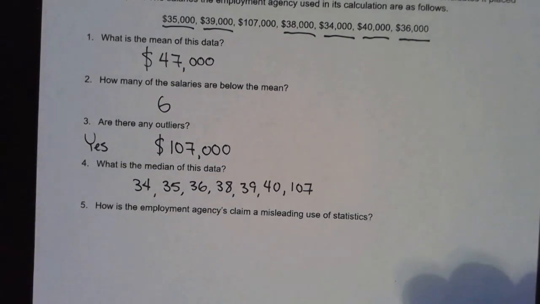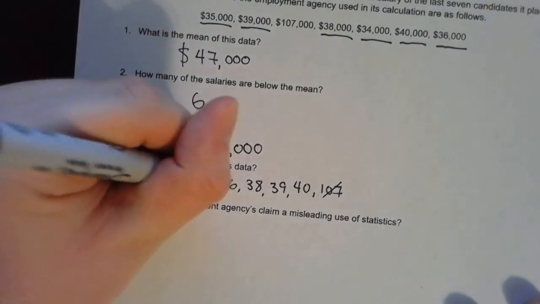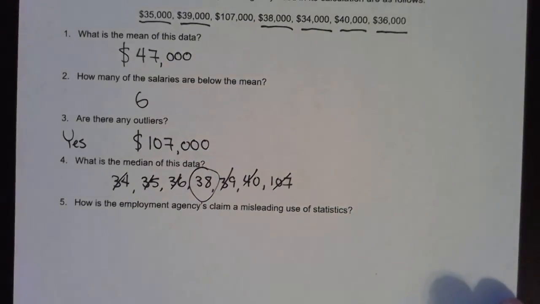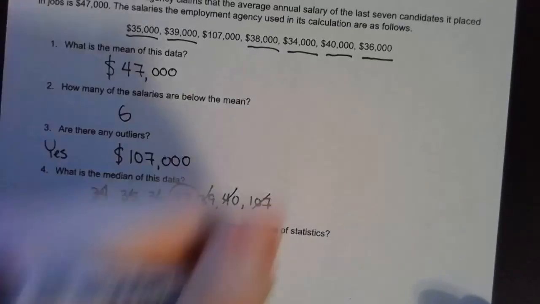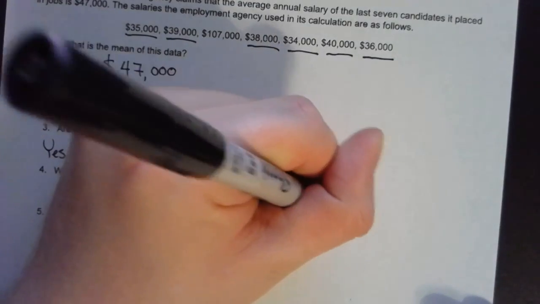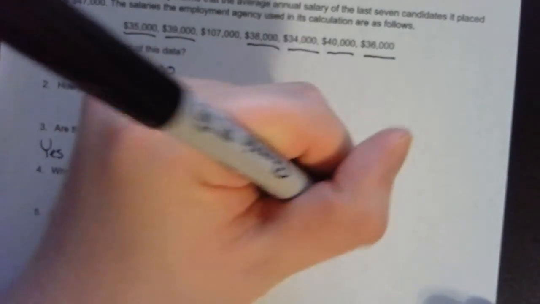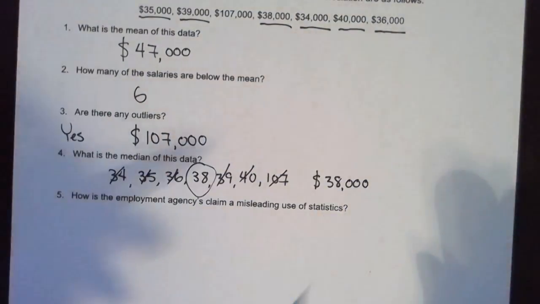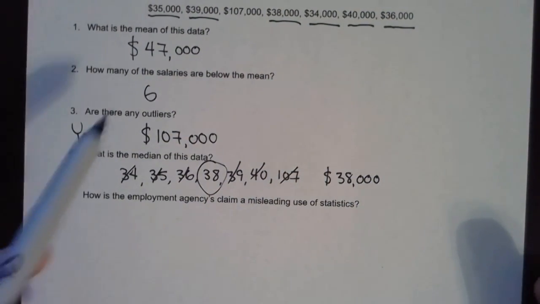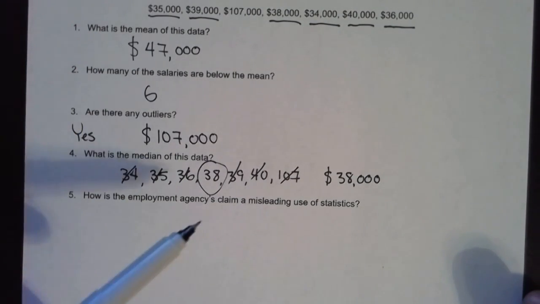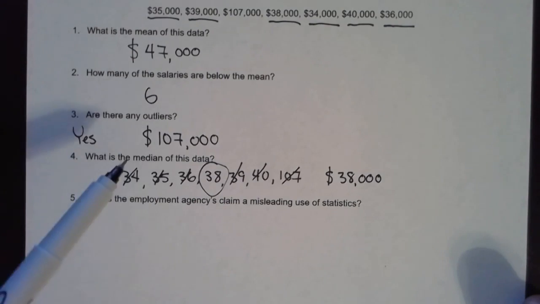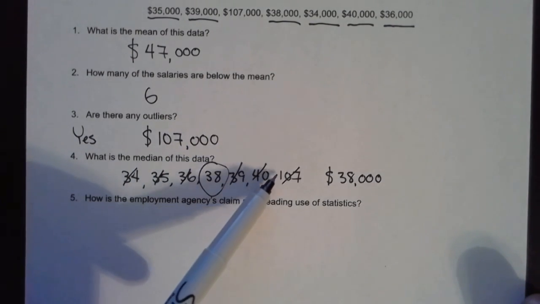We need to figure out which one is in the middle so we can start crossing things off on the outside. And we can see that 38,000 is in the middle. So the median is 38,000, which is definitely a better representation of this data than the 47,000. We can see more that 38 is in the middle of the data versus 47,000 is over here.